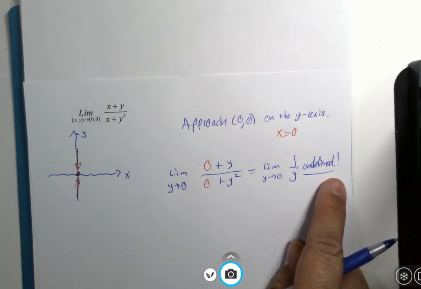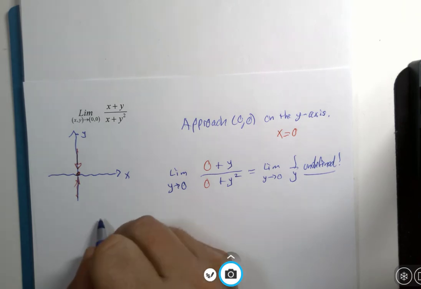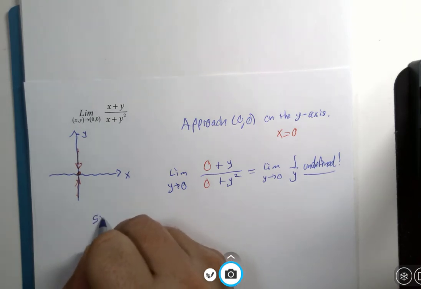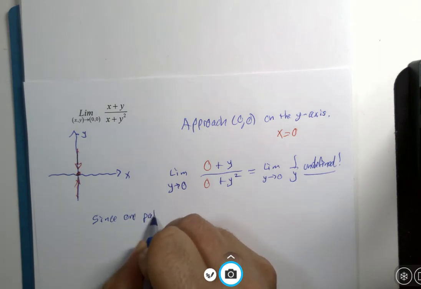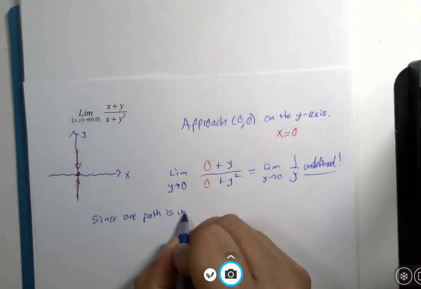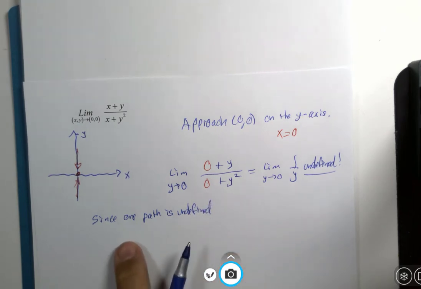If there's an undefined value in any of our paths we're approaching, that is sufficient to show that the limit does not exist. So, since one path is undefined, and just so you know, I only found one path.